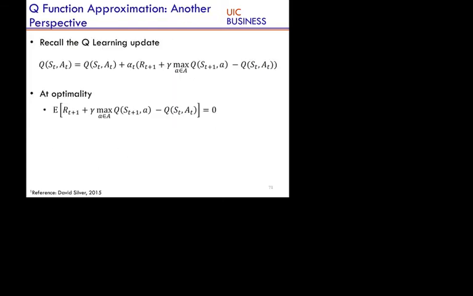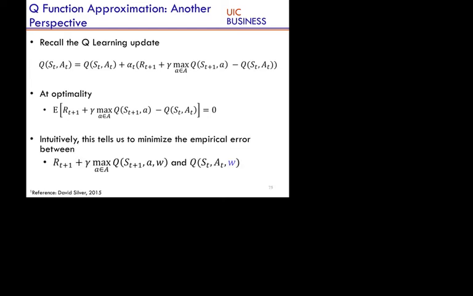Because of the way the Q-learning update looks, I'm reasoning that we can just put this as the target there. Of course, we don't have this; the whole point is we are doing function approximation. So instead of this, we'll put the function approximator itself. We're going to minimize the empirical error between these two, where only this term is going to be a function of w. Here we're just going to assume it's not a function of w. We're just going to evaluate it, and there's going to be a number there. It's not going to be a function of w anymore.